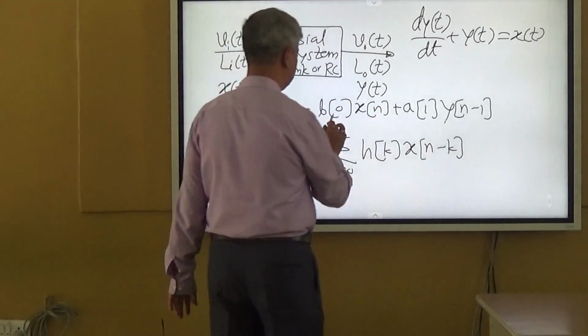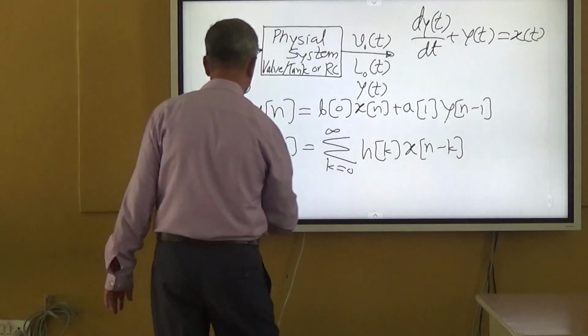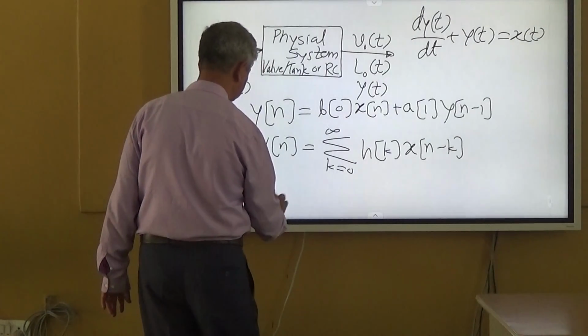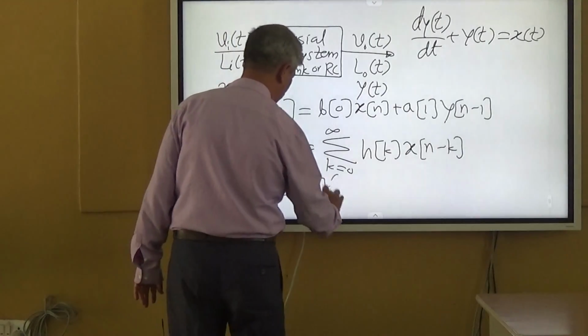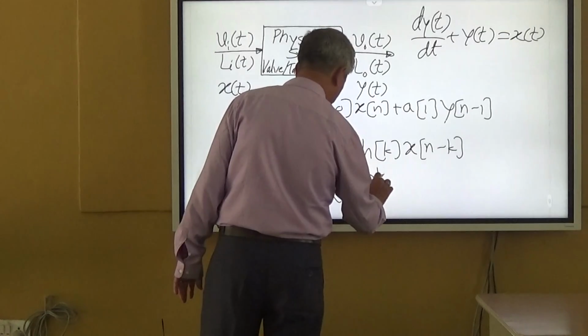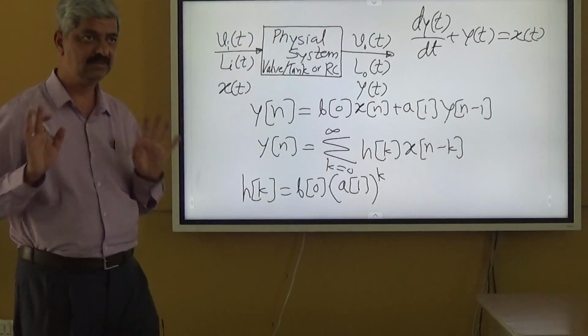So if b0 and a1 are constants, then h[k] is b0 into a1 raised to k. Is it right? Is it okay? Is the idea clear?